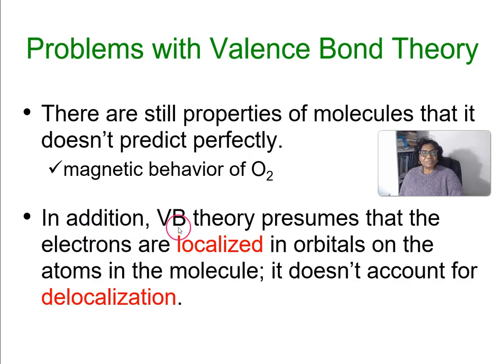In addition, valence bond theory presumes that the electrons are localized in orbitals on the atoms in the molecule. It doesn't account for delocalization. So these are some problems. In order to answer this problem, a new theory was developed, the molecular orbital theory. So we'll continue with molecular orbital theory. So we'll stop here for now.